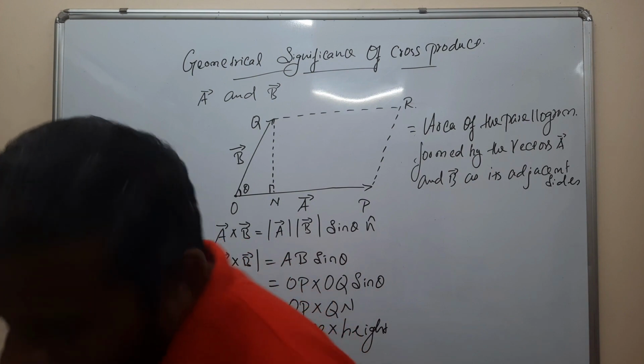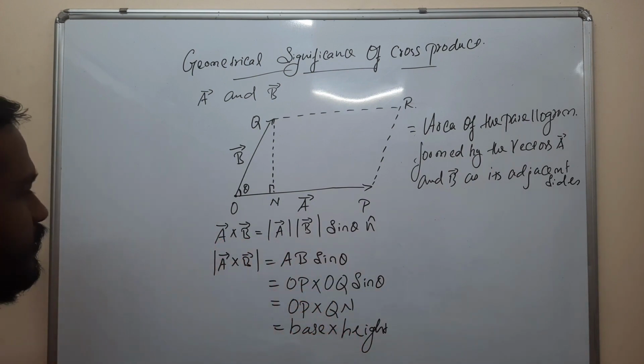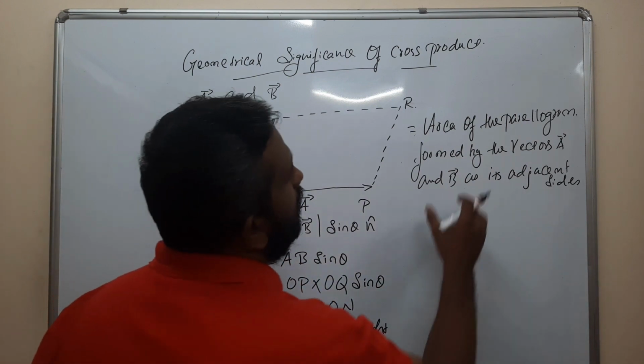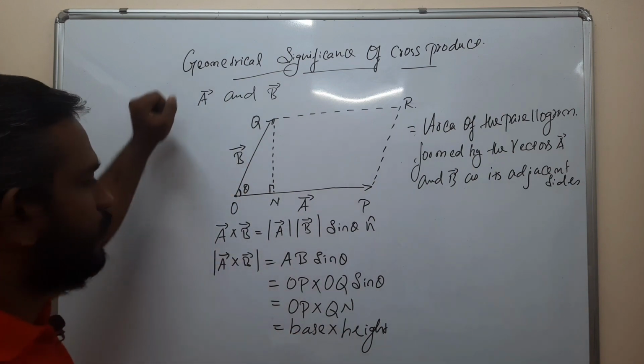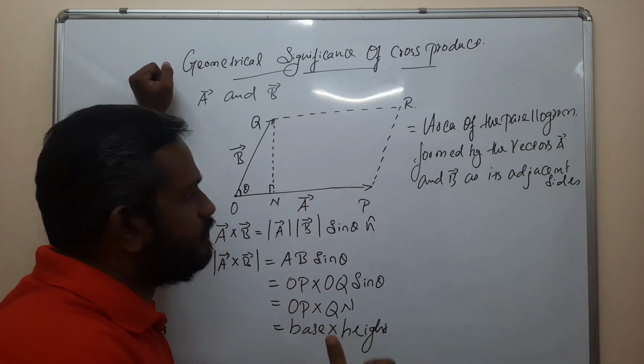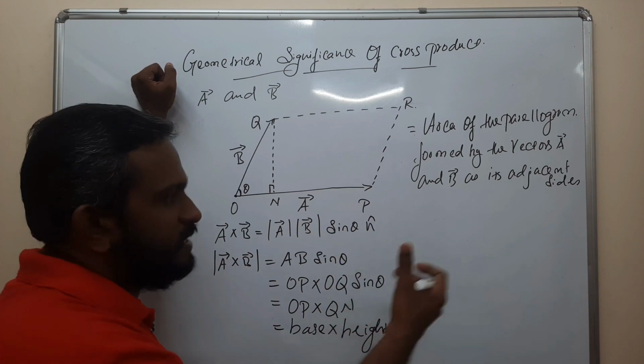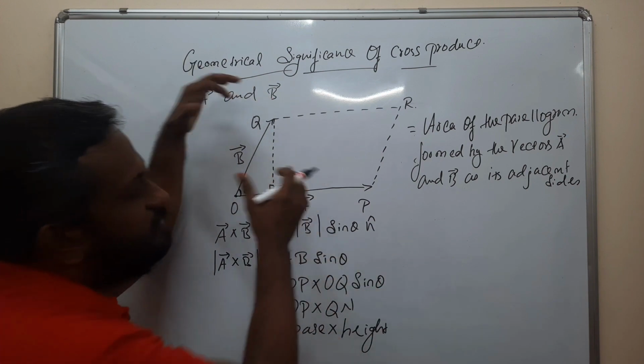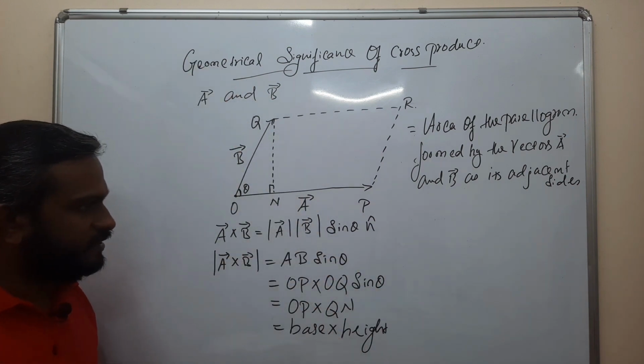So the magnitude of the cross product A vector cross B vector is the area of the parallelogram which is formed by the two vectors A vector and B vector as its adjacent sides.